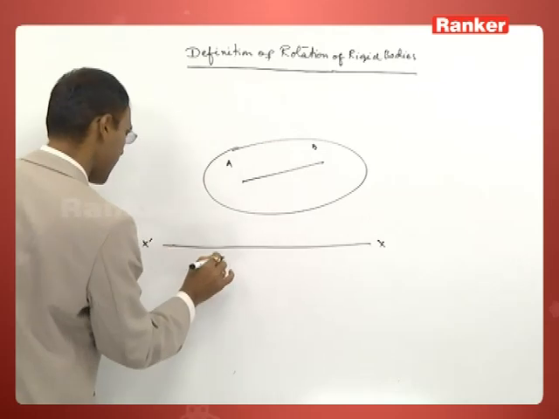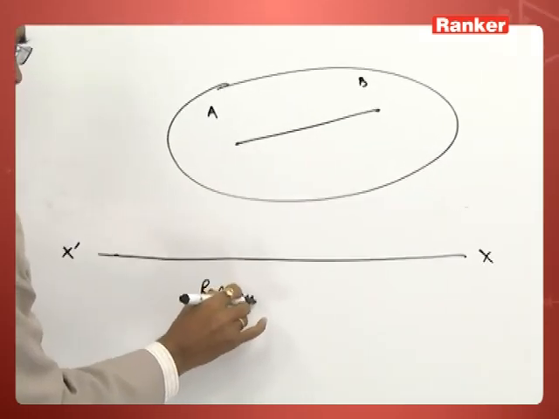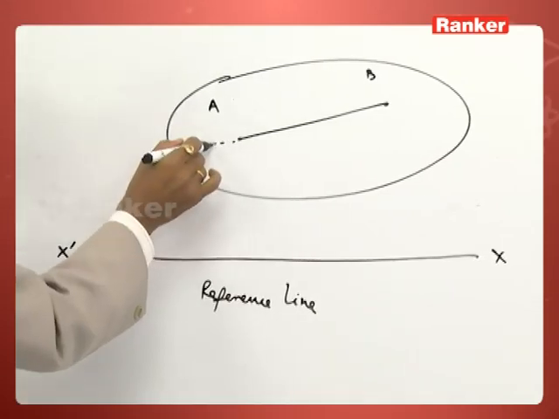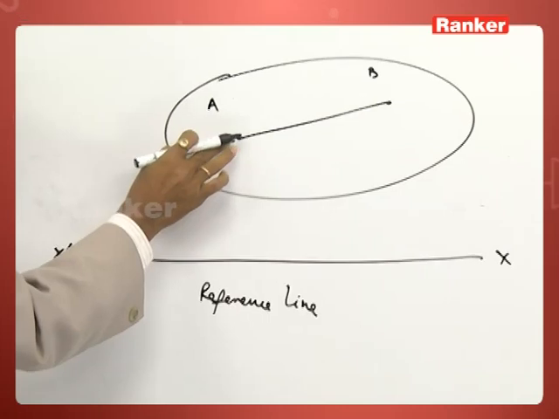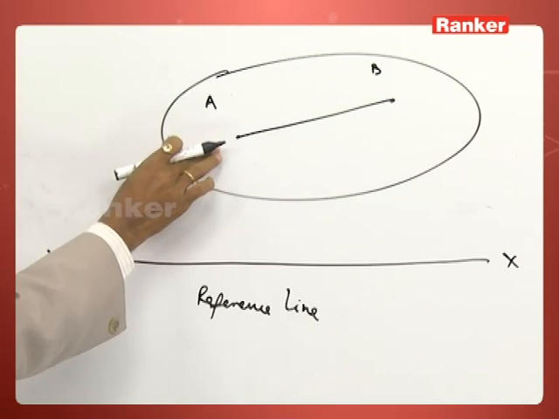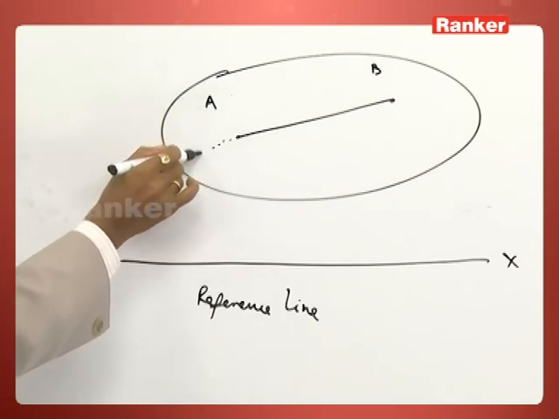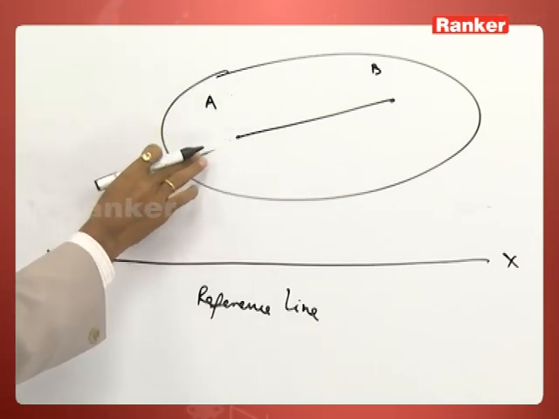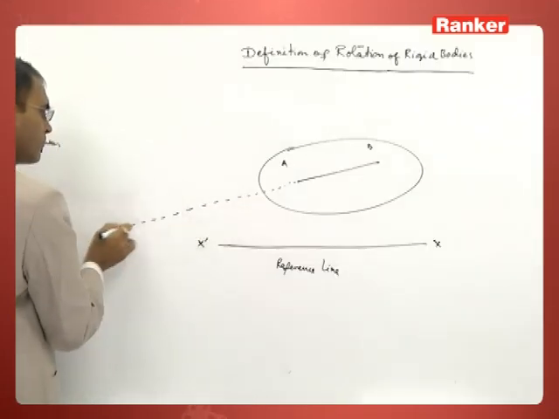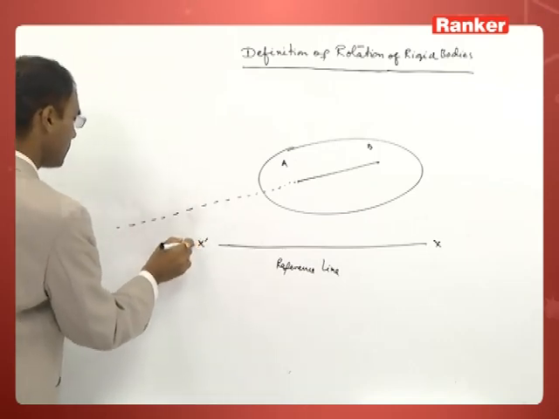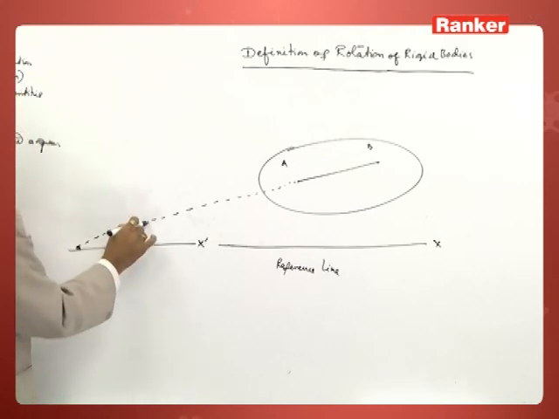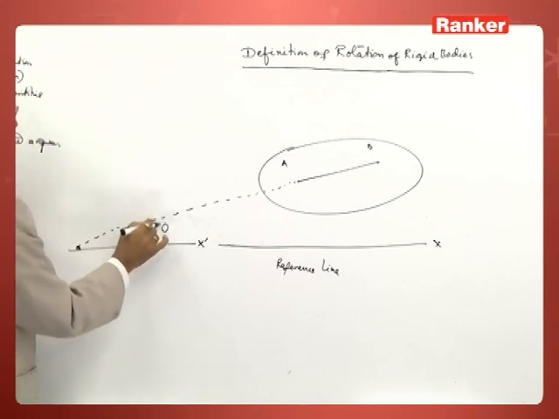With respect to the reference line, this line joining these 2 points inside the rigid body makes a certain angle, say this angle is phi.